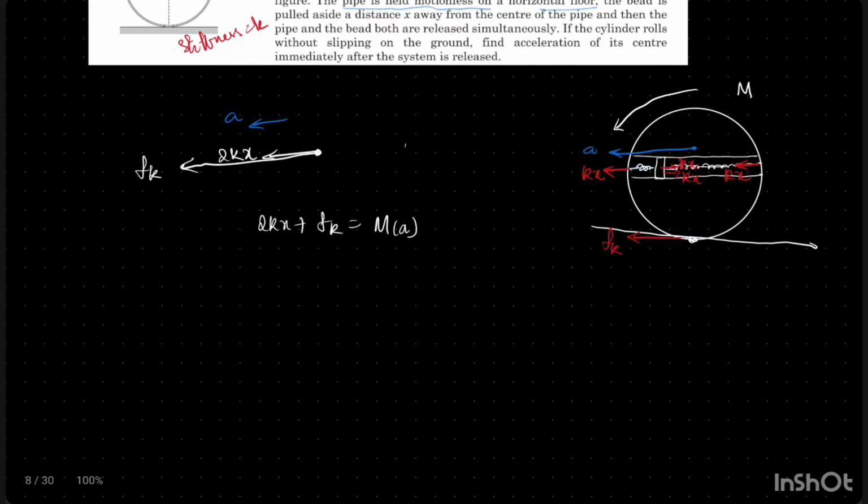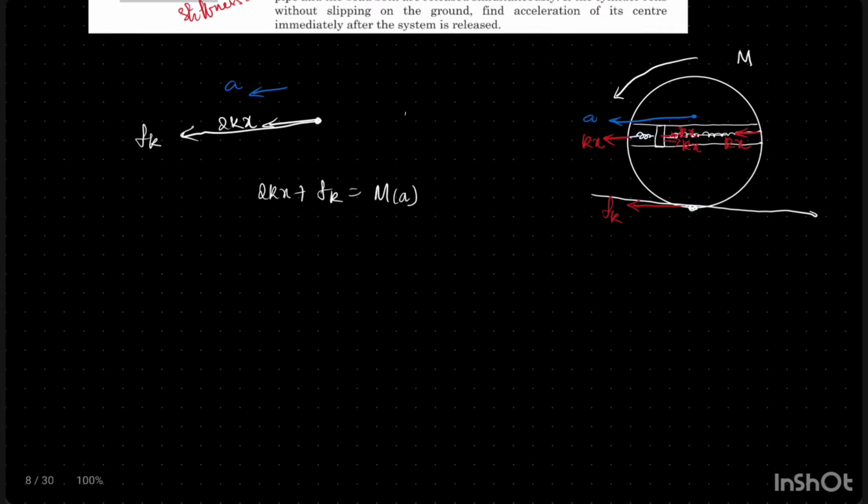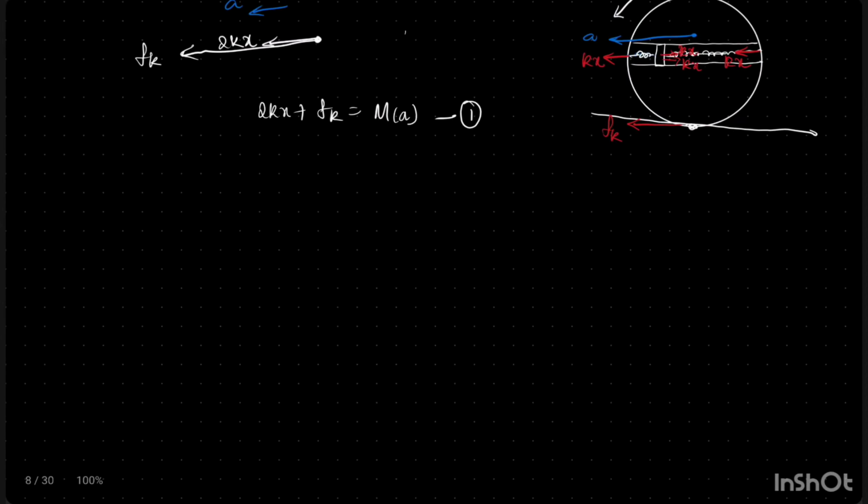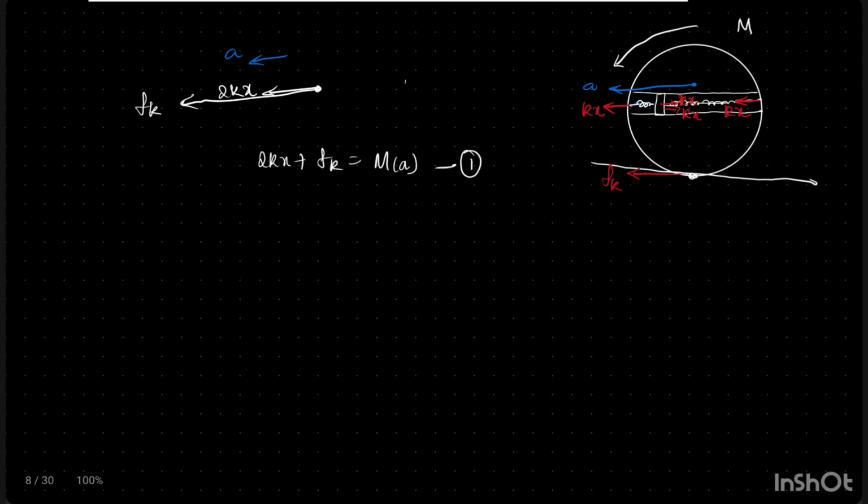So there will be an acceleration A. What else can we do now? We can take it as equation 1. Yes. Another one we can do is, from the center of mass frame we can write the torque for the pipe. What can we write for the torque?